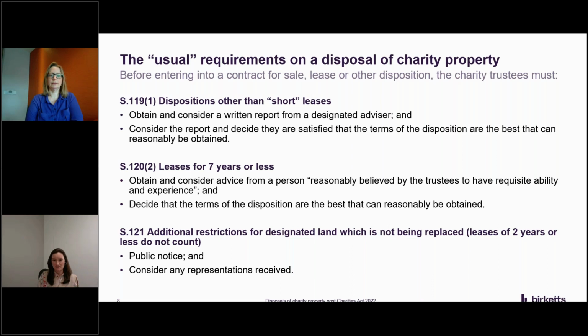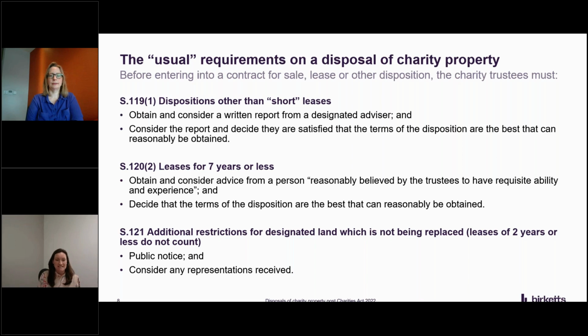And I'll come on a little bit to what that actually means and what they need to do. You need to obtain a report from them, which will set out the terms of the proposed transaction. Say it's a sale, and the advisor will comment on the appropriate price, whether you've done everything you can to maximise value for that proposed sale, and they'll make recommendations for advertising if they think it is appropriate. So that's the process you need to follow for anything other than short leases.